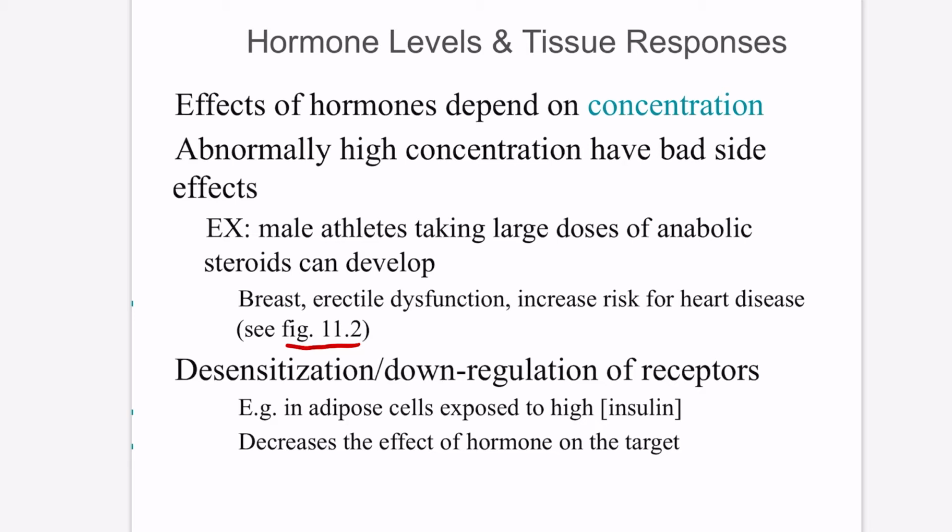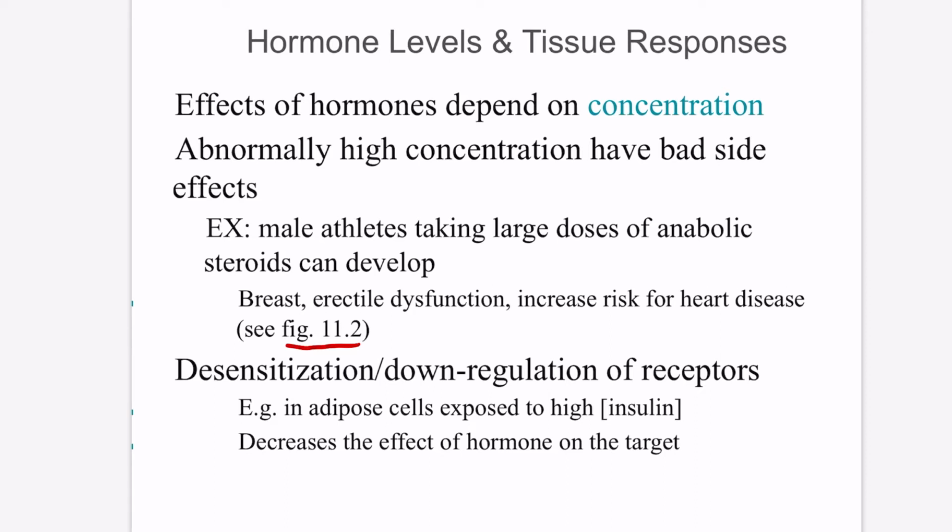To kind of control this, there can be upregulation or downregulation of receptors. So for example, when there is a high concentration of hormone, there can be a downregulation of receptors. And so it's almost like there's a desensitization of the tissue.